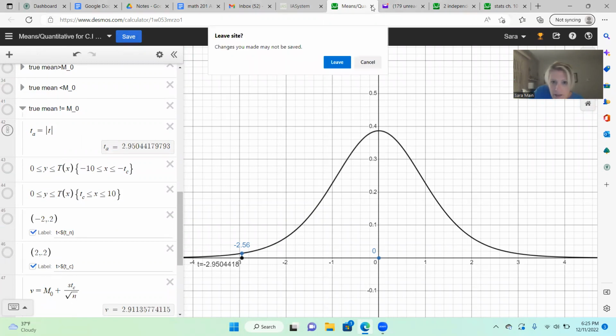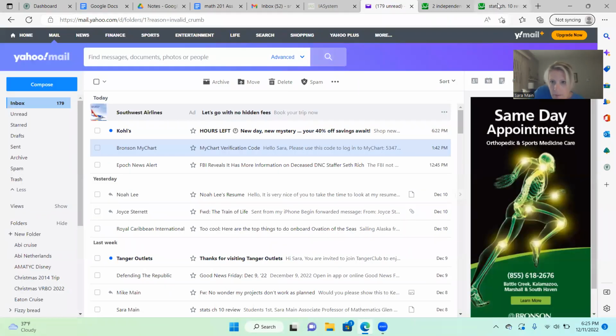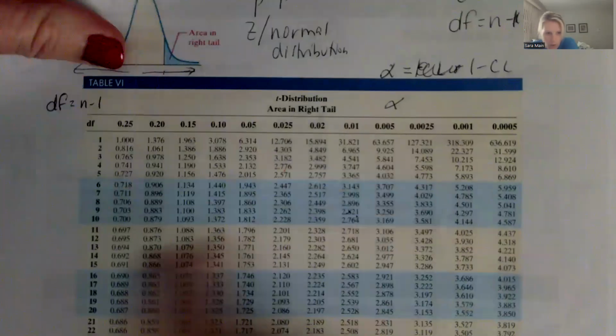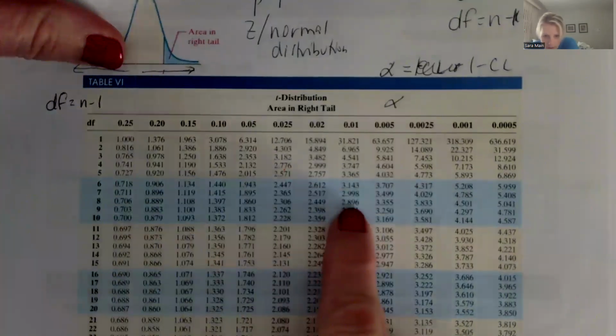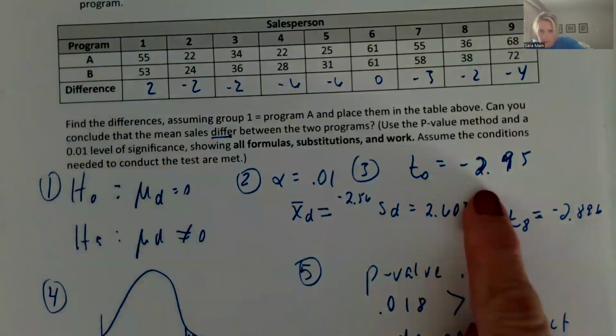Let me get out of there because I accidentally bumped that. So yes, it is confirmed that just due to rounding, it did produce a different result, because our typical T at 0.01 and 8 with the degrees of freedom is 2.896. And so it's just right there borderline with this negative 2.95.